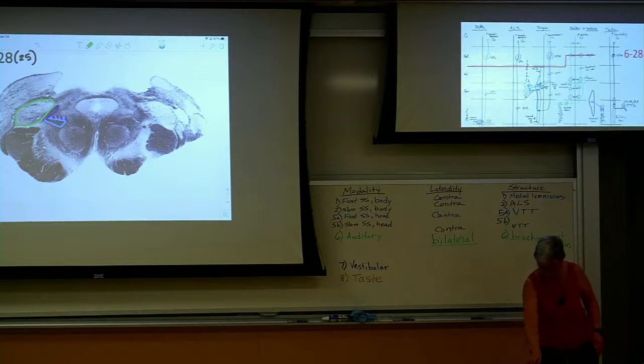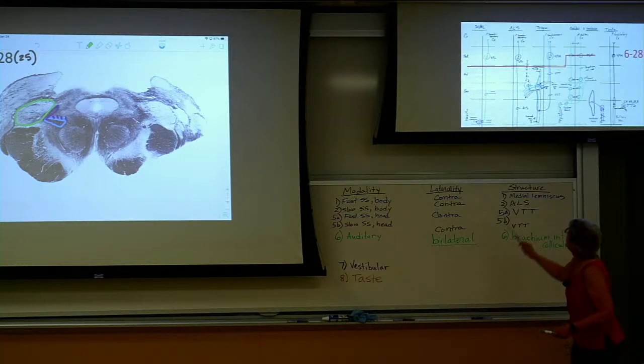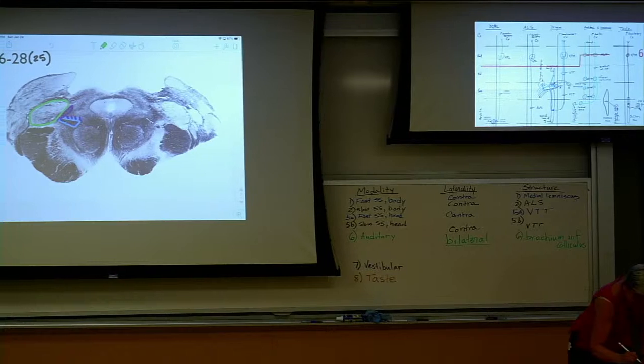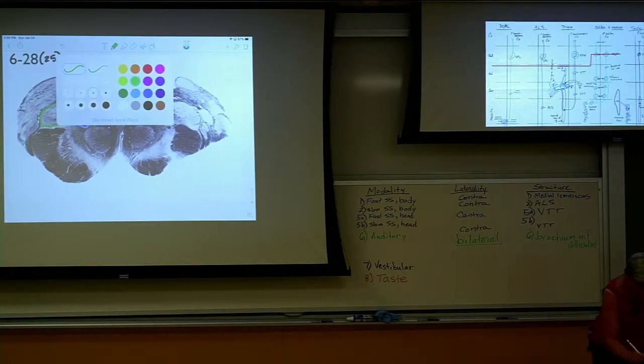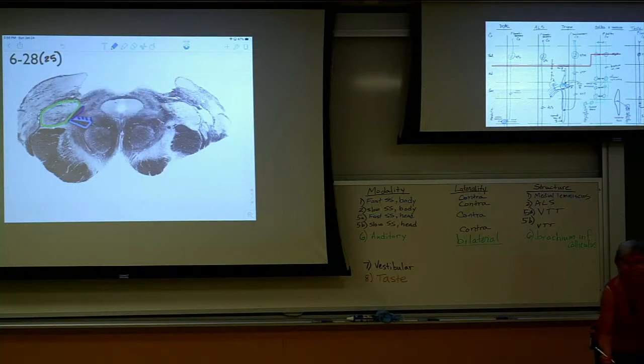Okay, so let's go ahead and find all the different things that we need to find in this section. Okay, so for fast somatosensory information from the contralateral body, what do we need to find? Pause if you need to. The medial lemniscus. Indeed, and that's right there. What about slow somatosensory information from the contralateral body?